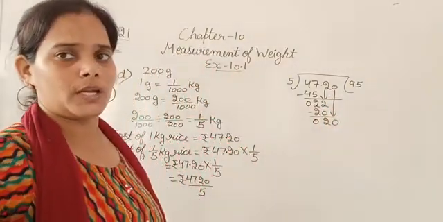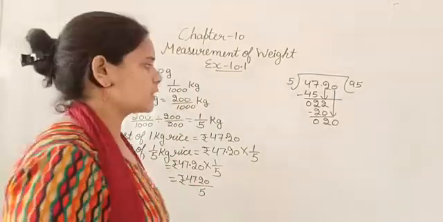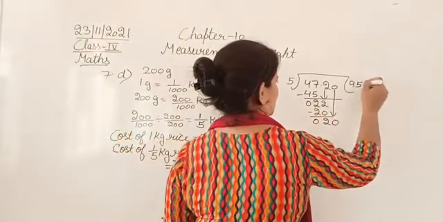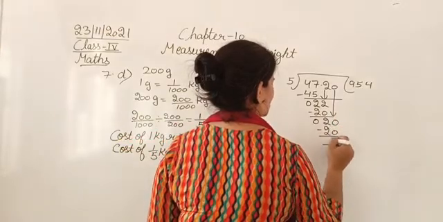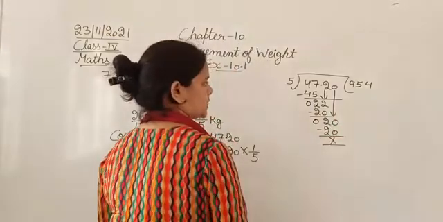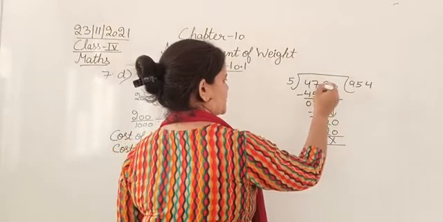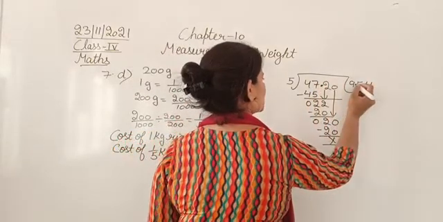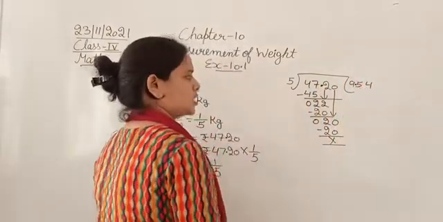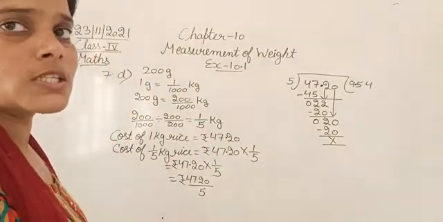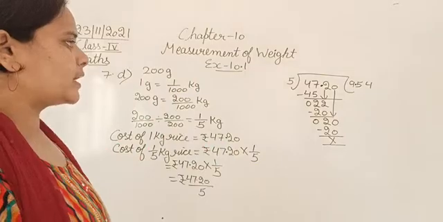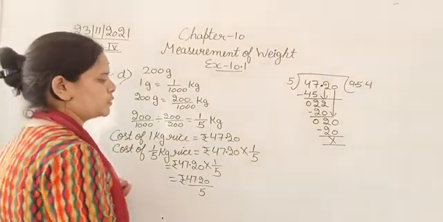This is 20. Next, 5 4s are 20. 20 minus 20, nothing is left. So in the question after decimal we are having 2 digits. So put a point here. So this is the cost of 1 upon 5 kg rice, which is 9 rupees and 54 paisa.